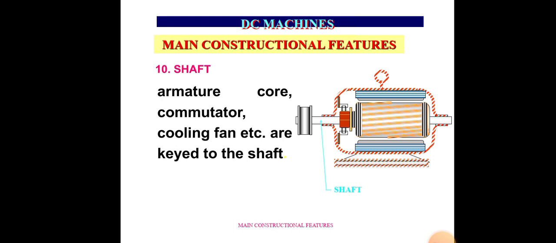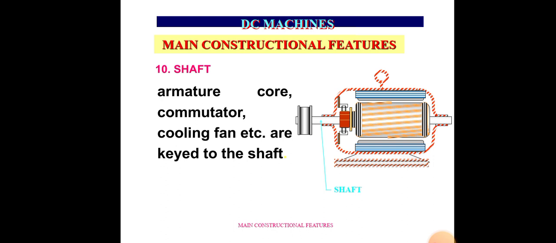For short shunt compound generator, the shunt field winding is connected in parallel with the armature, and the combination is connected in series with the series field winding.